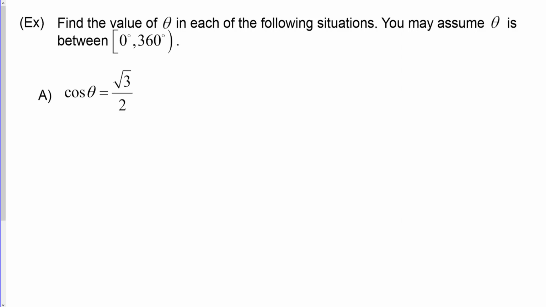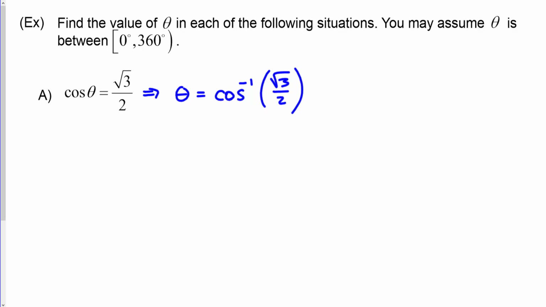In order to solve this, technically what we're doing is the inverse cosine. So this is saying theta is equal to the arc cosine, or the inverse cosine, of the square root of 3/2.